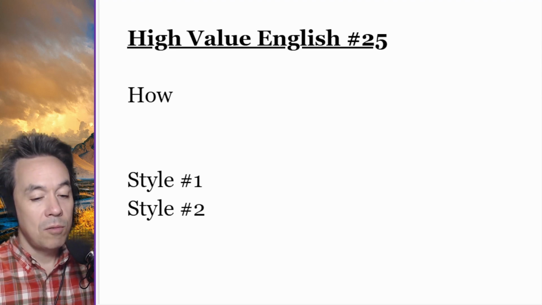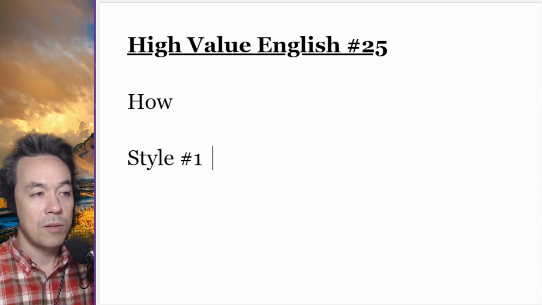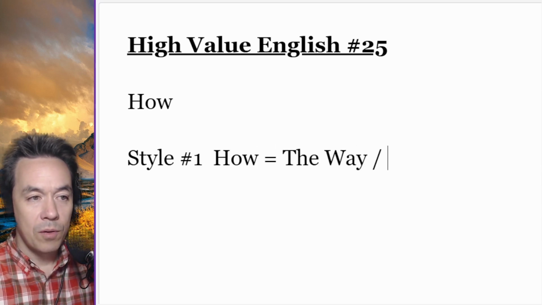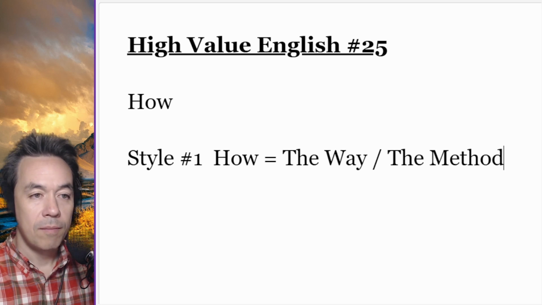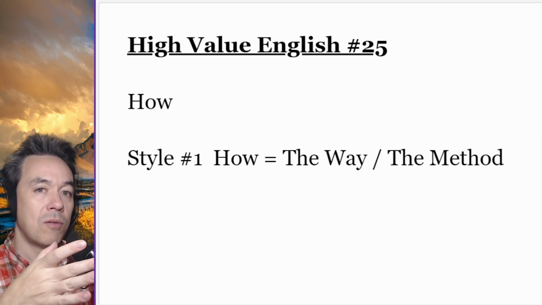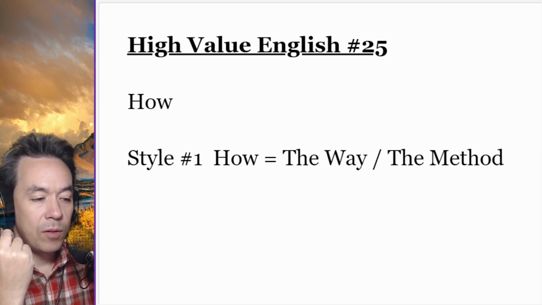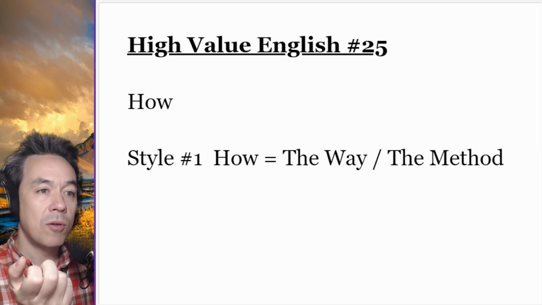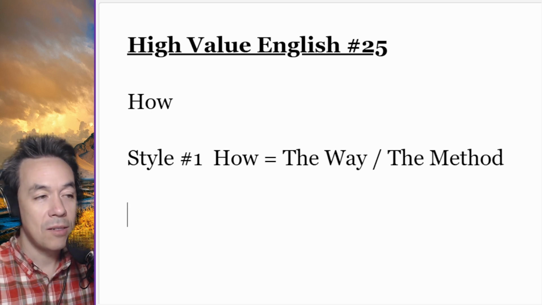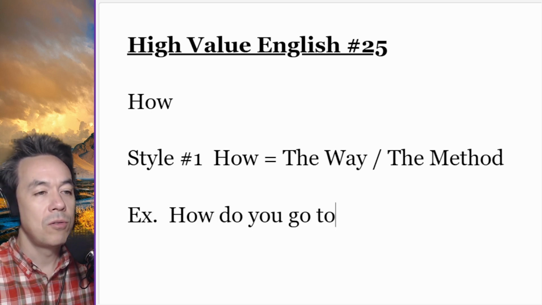So let's go with the first style here. I call this one how, meaning the way or the method. So the way to do something, or the recipe or the method. We need examples. So let's say a question like, how do you go to school?